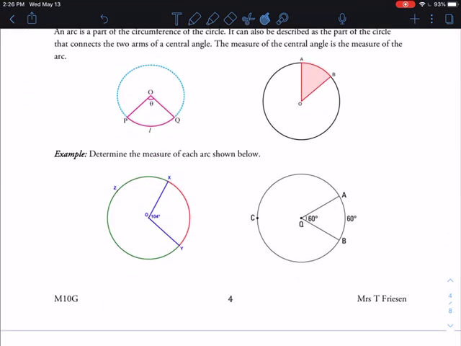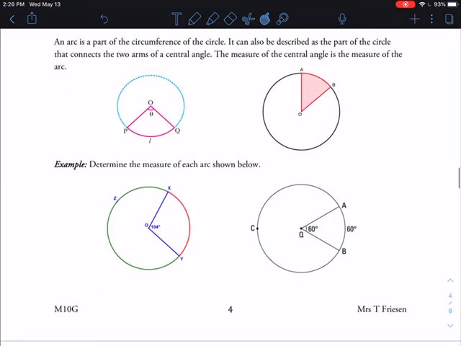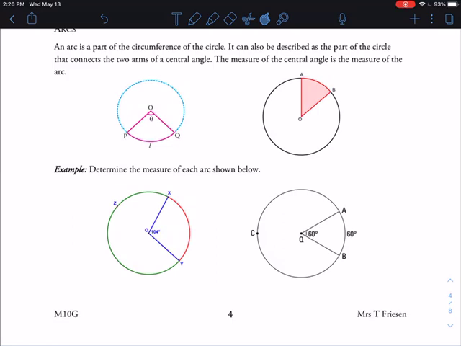We always choose the smaller portion unless otherwise indicated. In this example you could pick here or that whole big part over there, but we're always going to pick the smaller part unless otherwise said, and we're going to talk about that a little bit lower in the lesson.